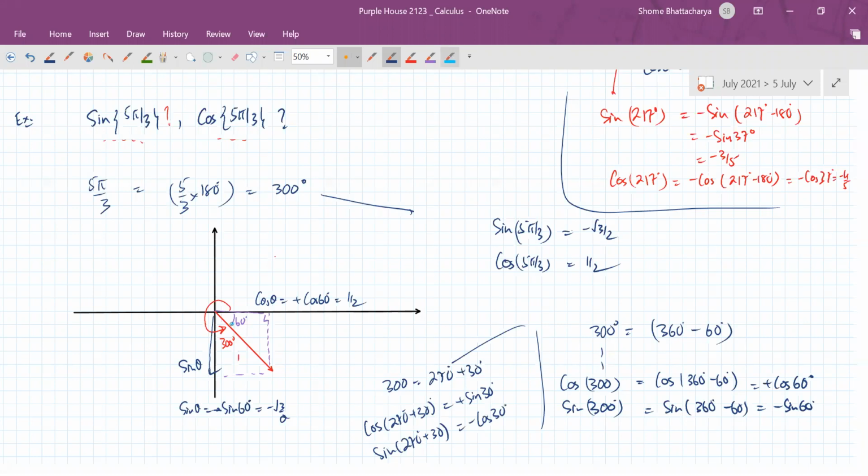Instead of referencing this angle, you reference this angle, which is the same as this, and this is 30. So you can see that this and this are changing. This becomes the same thing as sine 30, and this is the same thing as minus cos 30.